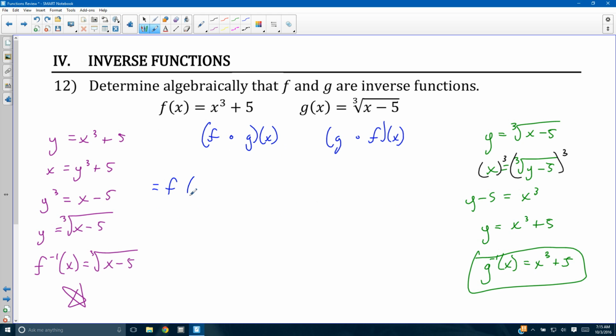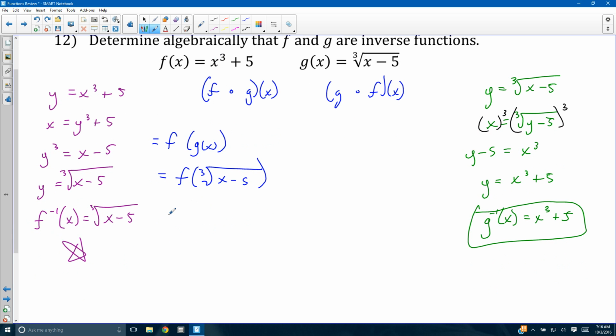That will be f of g of x like so. So that becomes f of cube root of x minus 5. Now I'm going to take cube root of x minus 5 and place it into here. So that becomes the cube root of x minus 5 quantity cubed plus 5.